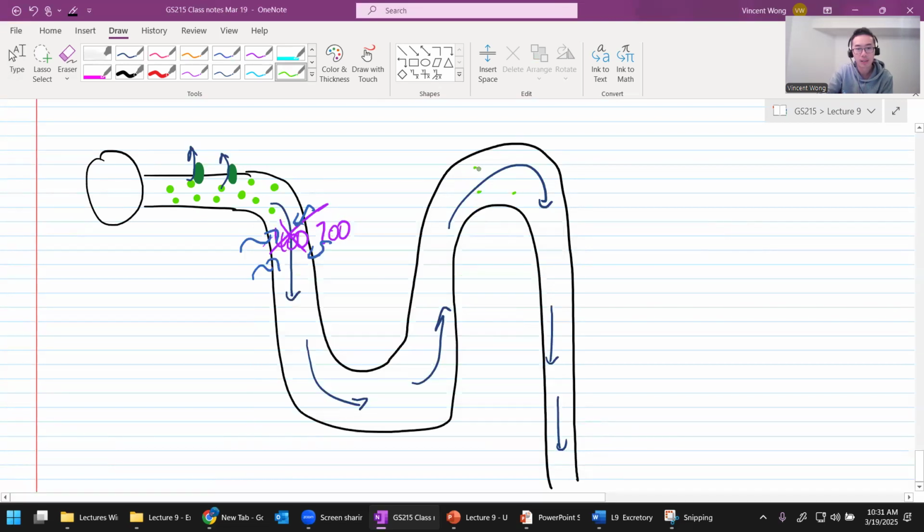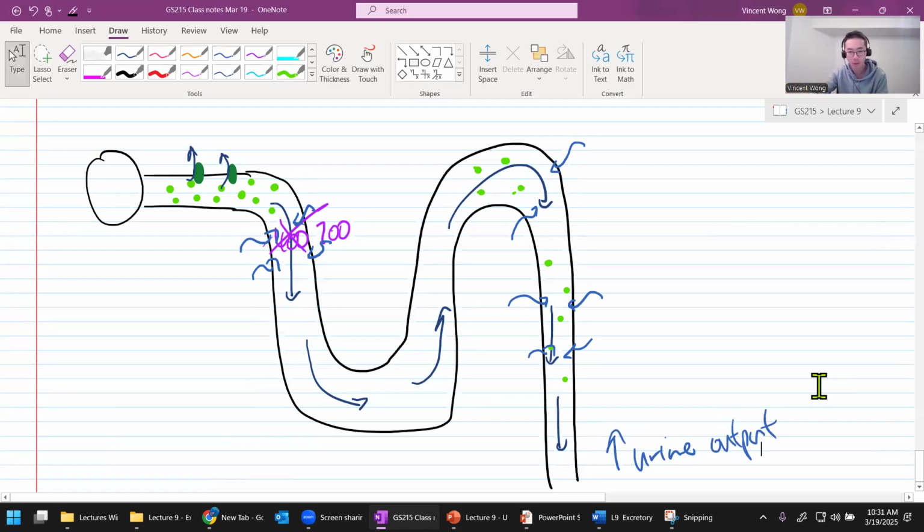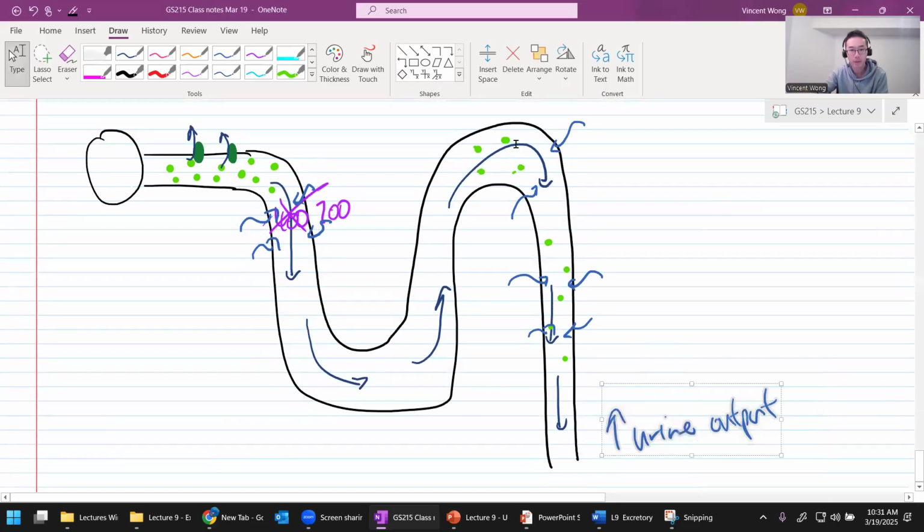In the distal tubule and collecting duct, because of these extra sugars, you're going to be drawing water from the surroundings. So it increases urine output. People with diabetes, if they're not treating it, pee more than usual, and the pee will have much higher glucose than a normal individual.